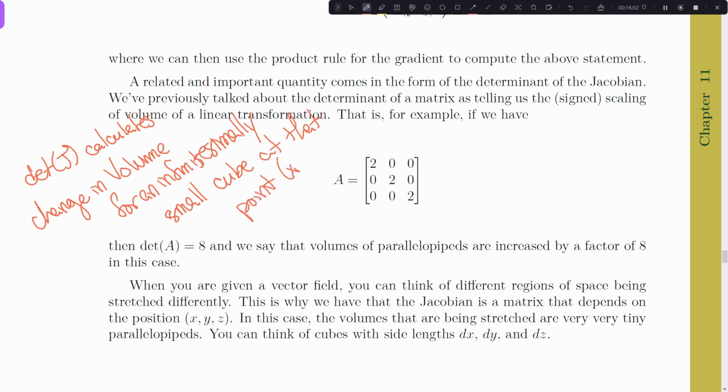So if we evaluate the Jacobian at the point x, y, z, and we take like an infinitesimally small cube around x, y, z, the determinant of the Jacobian says how much does that change in the image, which really you can kind of think about it as saying how do the vectors pull on the cube, right? The vectors that the vector field is putting on the cube are going to pull on it in a specific way. Moving on.